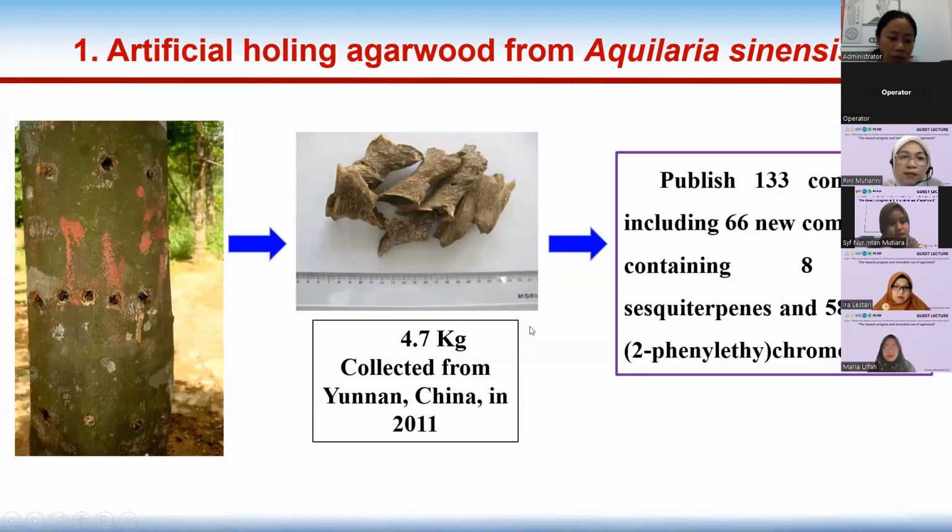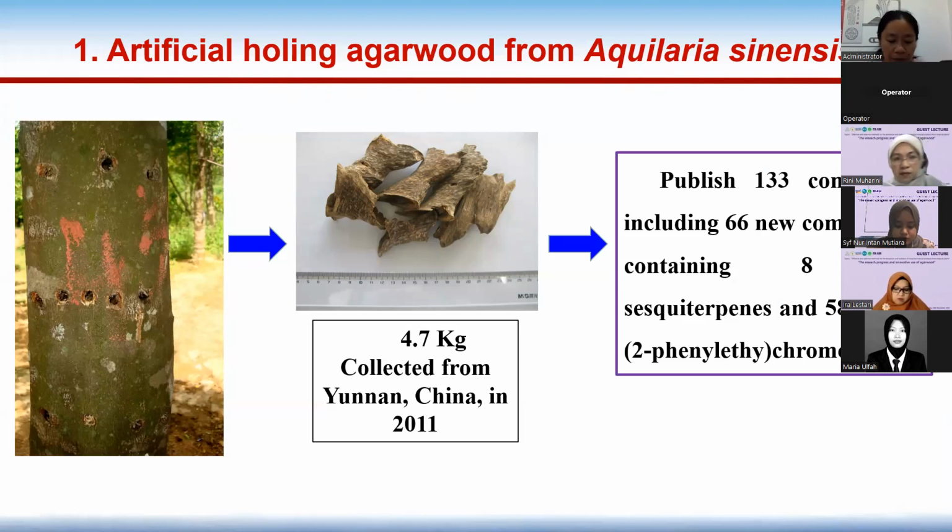So now let's have a look at the first sample we worked on, named artificial holing agarwood from Aquilaria sinensis. From the name, we can know that this is produced by an artificial method.